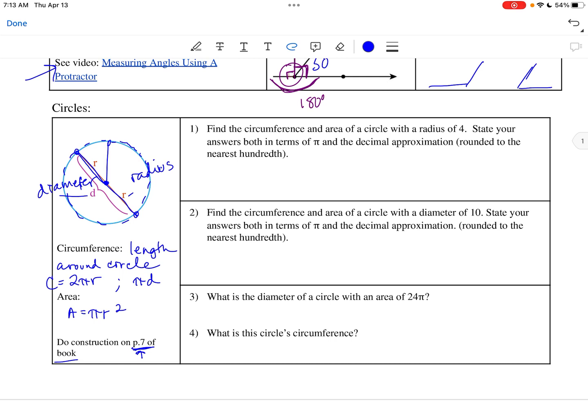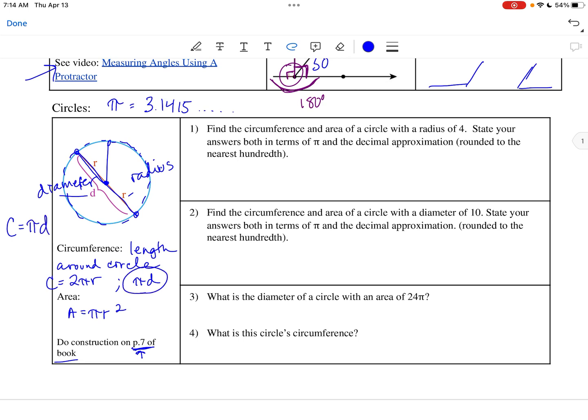And then pi, as you may have learned before, is a long number, 3.1415... It keeps going on and on and on. And where pi comes from is pi is the ratio. The formula for circumference is circumference equals pi times diameter, right?